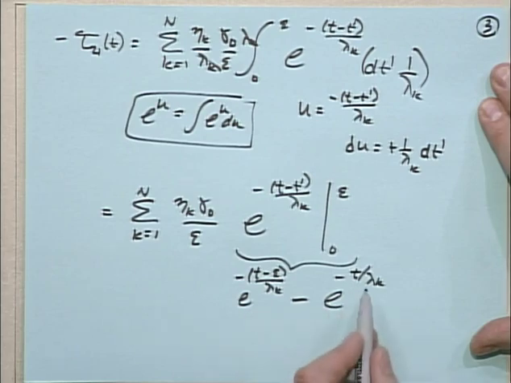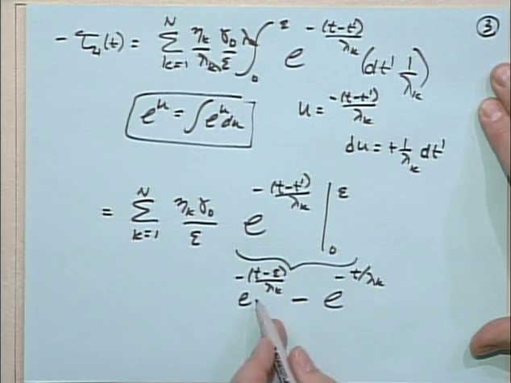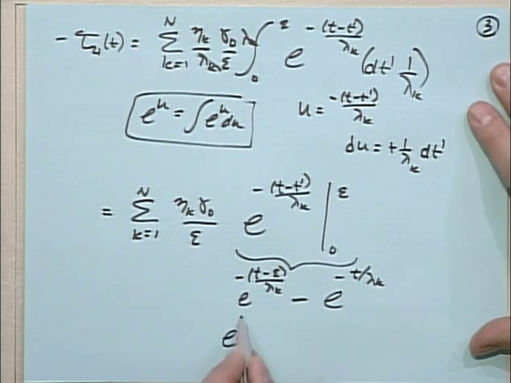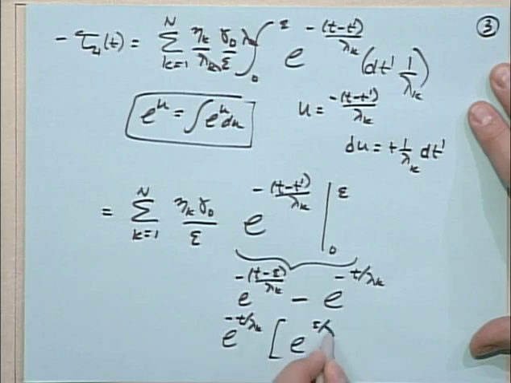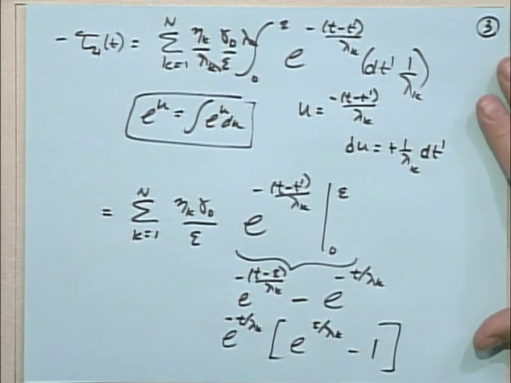If I factor out an e to the minus t over lambda k, this is equal to e to the minus t over lambda k times e to the epsilon over lambda minus 1. Looks right. Don't think I made a mistake yet.